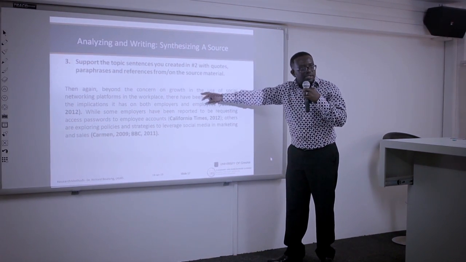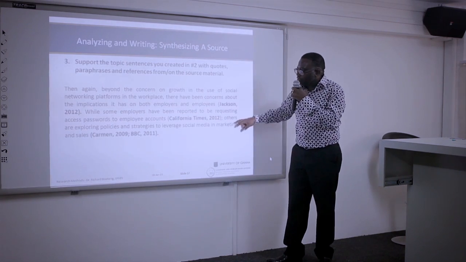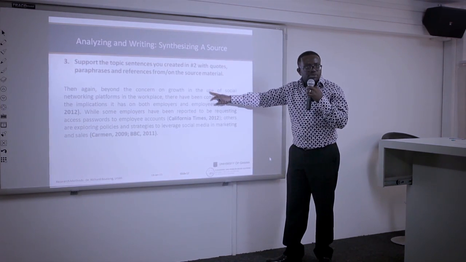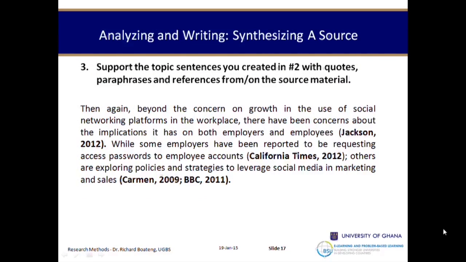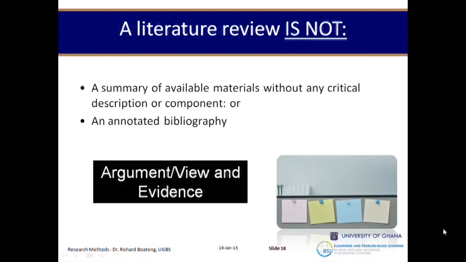These two sentences are illustrations of this one. So in doing a good literature review, you need an argument, you need an illustration, and you also need evidence. Evidence comes from these references, so nobody will ask where you took it from. So argument, evidence, illustration makes a literature review.